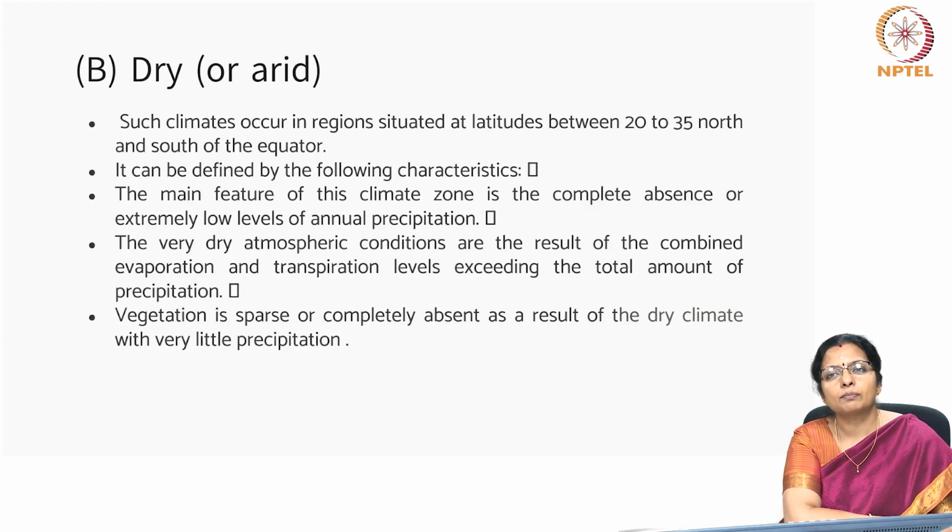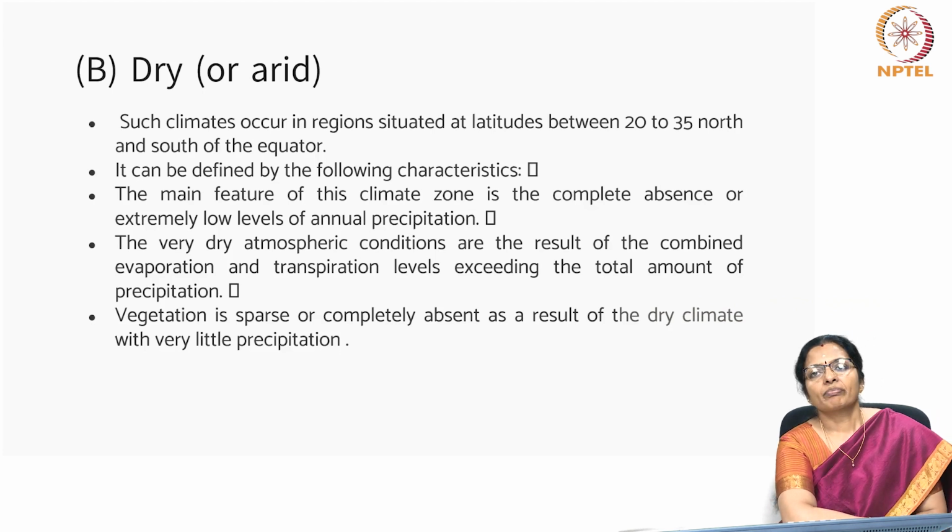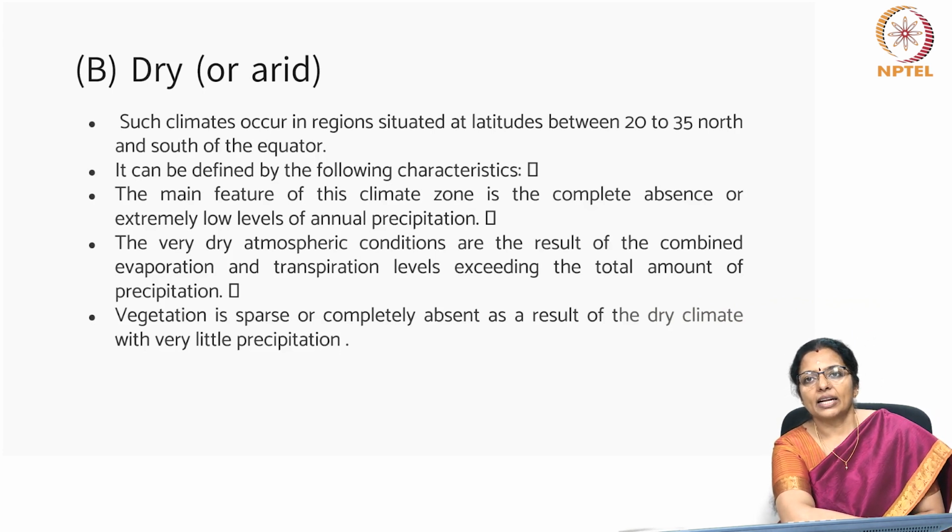Consequently, vegetation is sparse or absent due to the scarcity of water. This climate poses challenges for life and agriculture, but also offers unique ecosystems which are adapted to survive in the harshest of conditions. Understanding arid climate helps us appreciate the resilience of life in diverse environments across the globe.